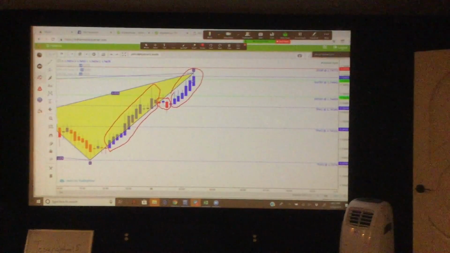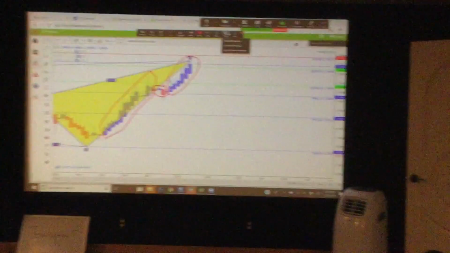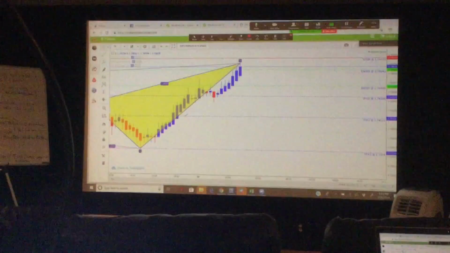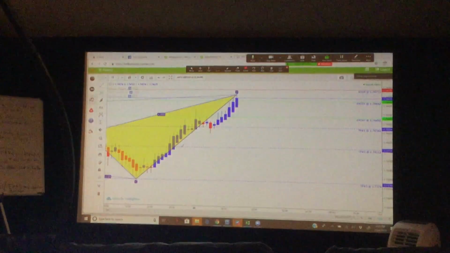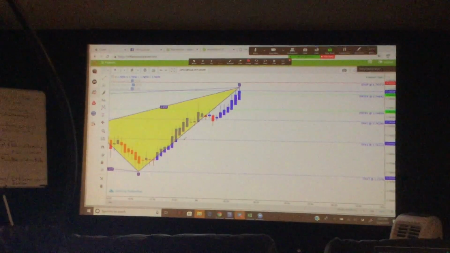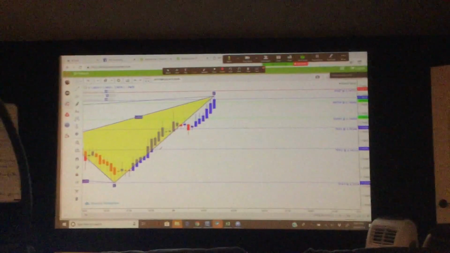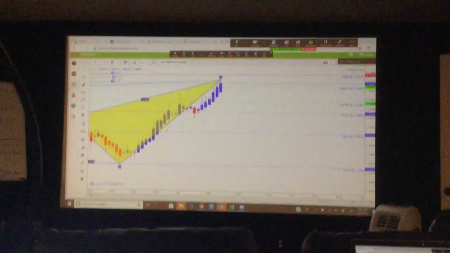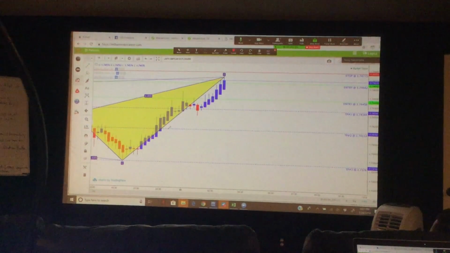Why is that? I'm going to show you. I want you to see something. These are not regular candles that people trade with. These are new candles that I'm teaching people how to use that makes money. So, these are different candles. No one really knew how to use these until I started showing people how to use them.